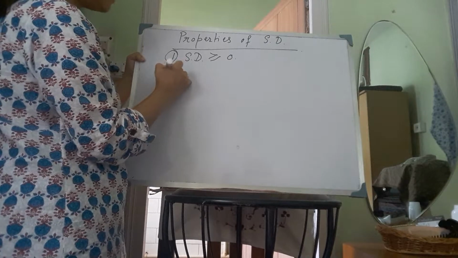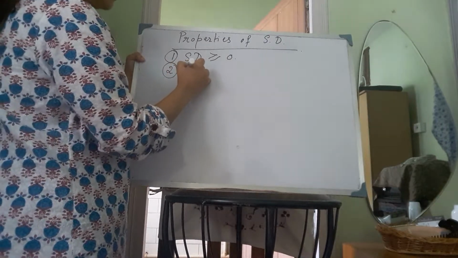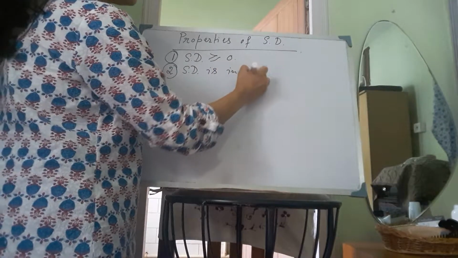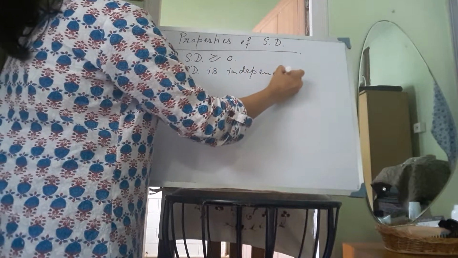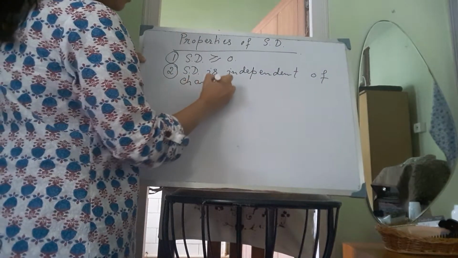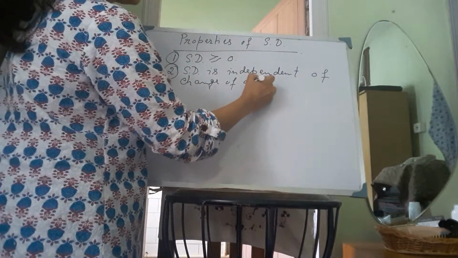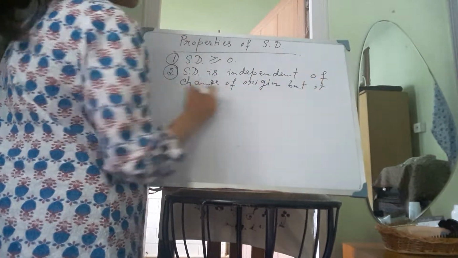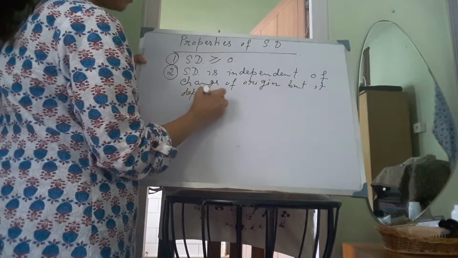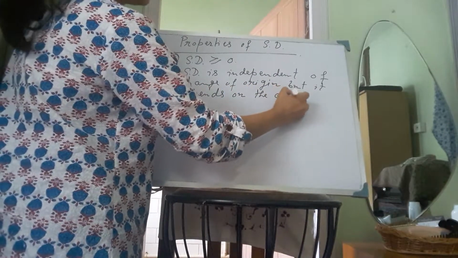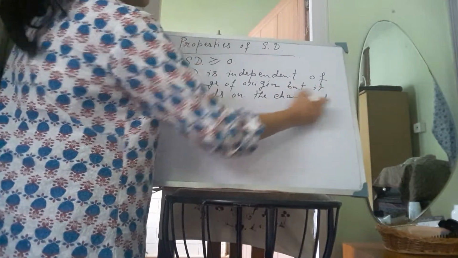The second property of the standard deviation is that it is independent of change of origin, but it depends on the change of scale.